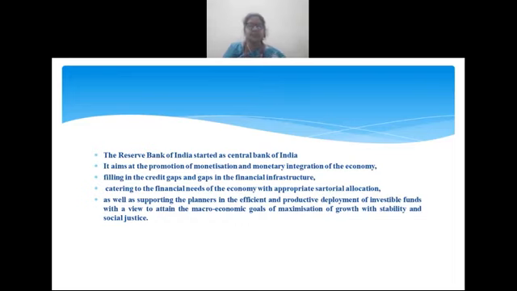It aims at the promotion of monetization, filling in the credit gaps and gaps in the financial infrastructure. RBI is the main one, and it started in 1935.